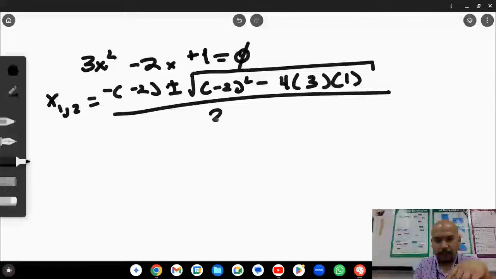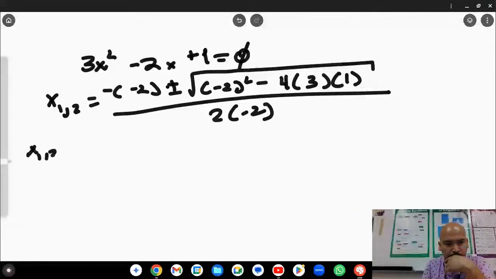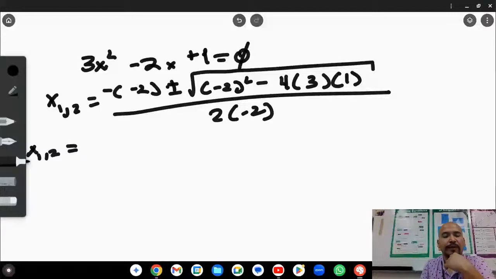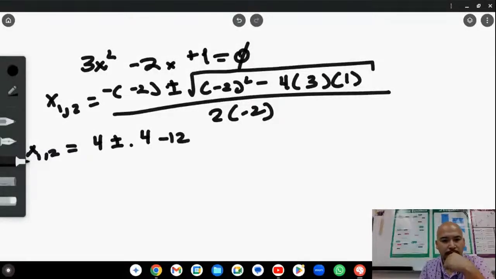And 2 times negative 2. So the negative times the negative, that's positive 4. Negative 2 times negative 2, that's positive 4. Negative 4, negative 12 times 1, that's negative 12. And in this case, I am getting a negative number here.